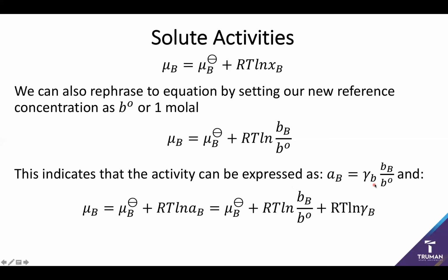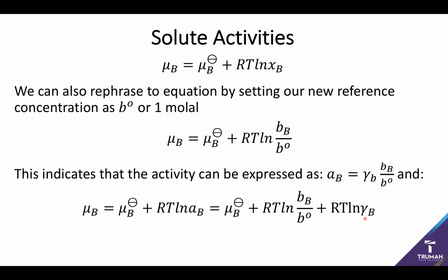We're going to add in that same activity coefficient to see how much I deviate from the pre-existing behavior. And this is the same activity coefficient that we saw previously. But most importantly, what we've done is change that reference point, and it can still be very hard to predict what that activity coefficient is going to look like, which can be problematic.